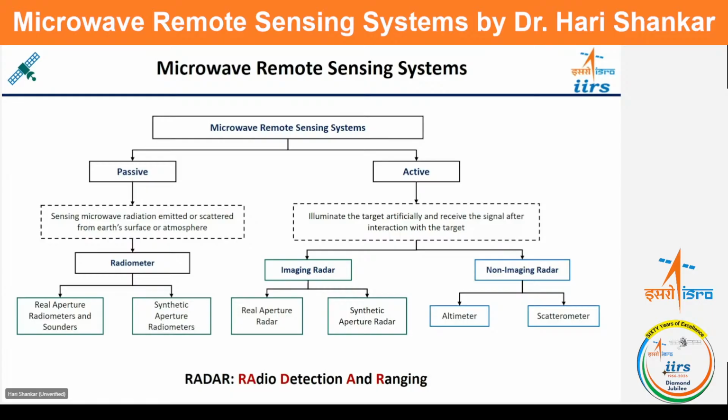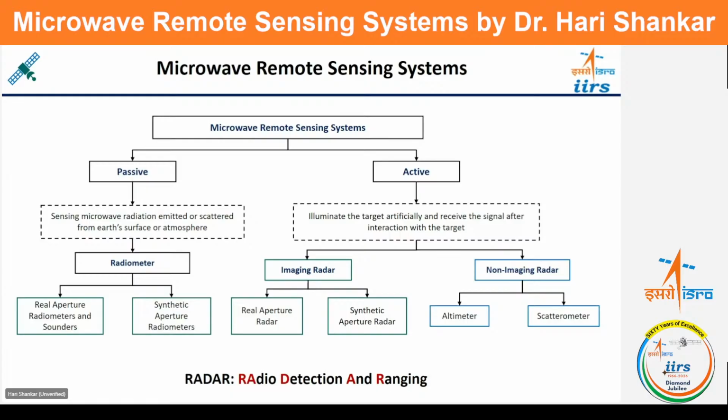Detection means that once the signal comes back, it has interacted with or hit the target. Since it is hitting, it is detecting the target. So both things are done simultaneously, detection as well as ranging. If you want to monitor some aircraft, signals go and come back again and again, so they can monitor how far the aircraft is and in which direction it is moving.